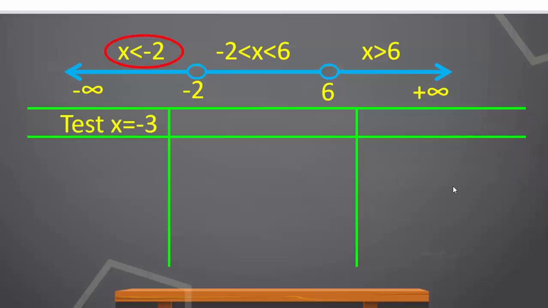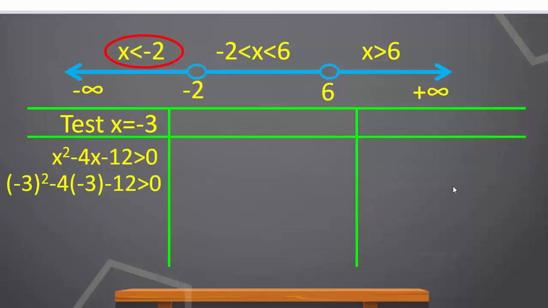In this case, for x lesser than negative 2, let us test negative 3. Going back to our inequality, x squared minus 4x minus 12 is greater than 0. Substitute x with negative 3. We have negative 3 squared minus 4 times negative 3 minus 12 is greater than 0.